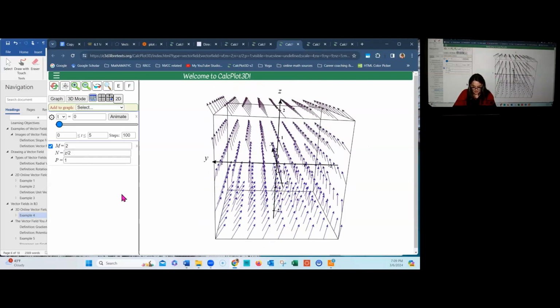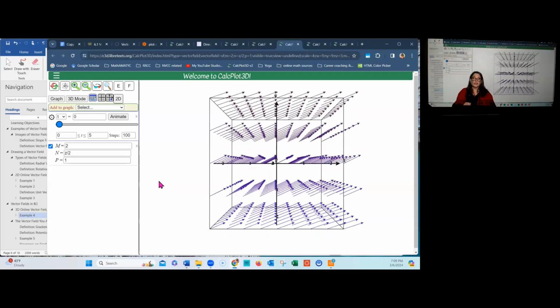Let's go ahead and take a look at the XZ plane when we take Y out of it. If you look at it in the XZ plane, notice that all the vectors in a particular slice are all the same length. That's because the only part of it that depends on a variable is in the Y component.